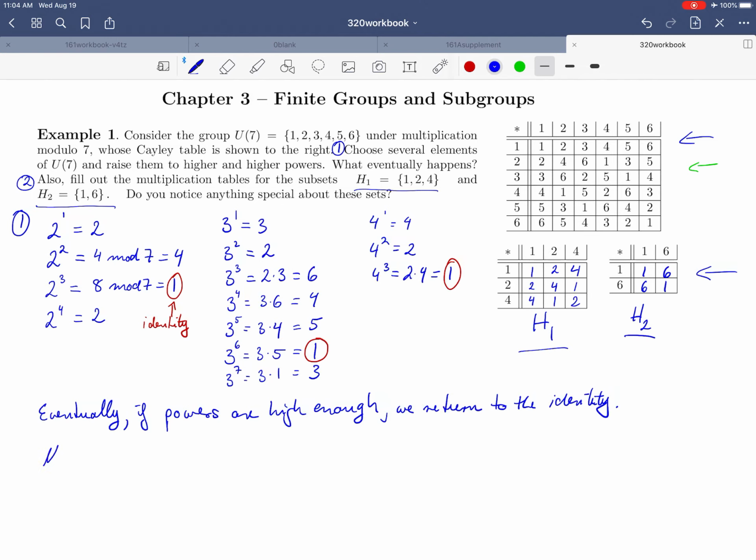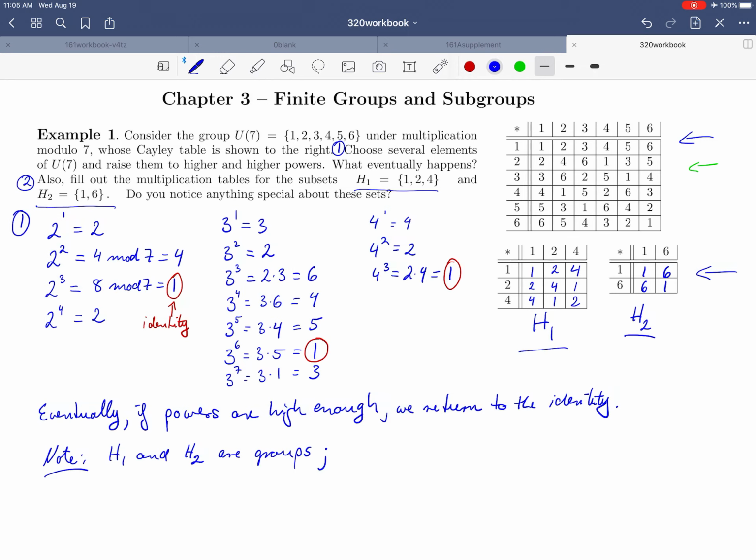So I'm going to write that down: note H1 and H2 are closed under our operation. It looks like they behave just like a group themselves. And that is in fact true. So H1 and H2 are groups in their own right.